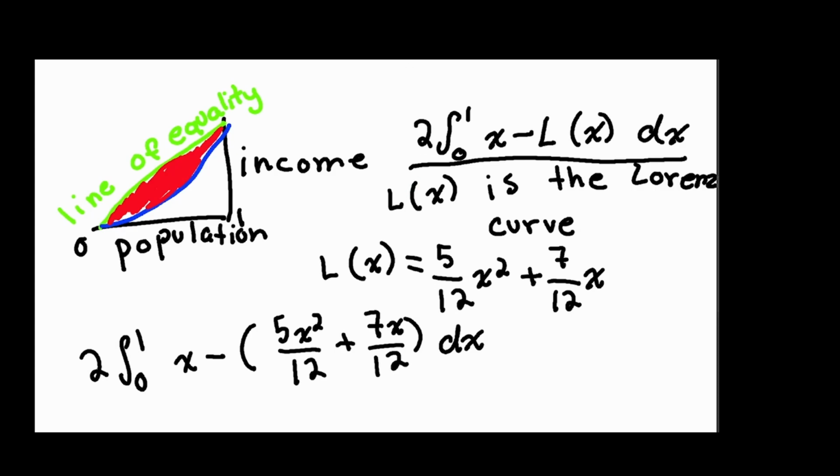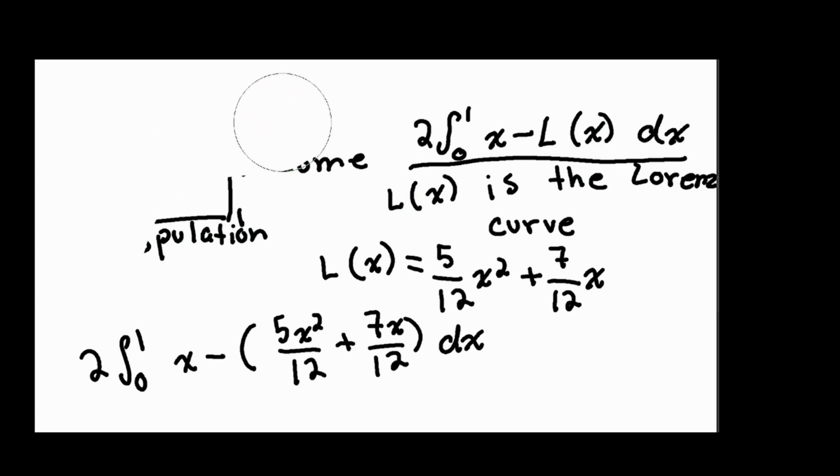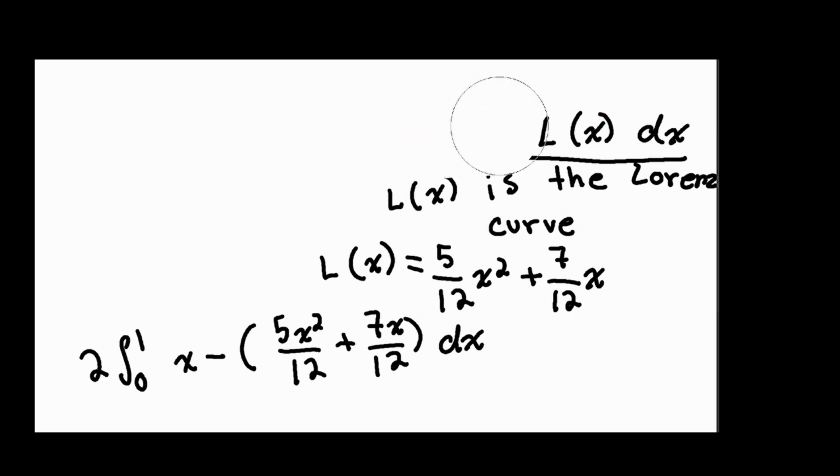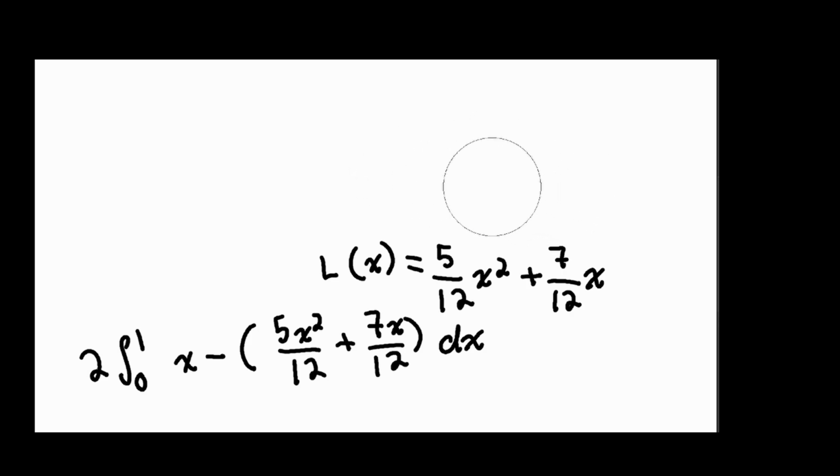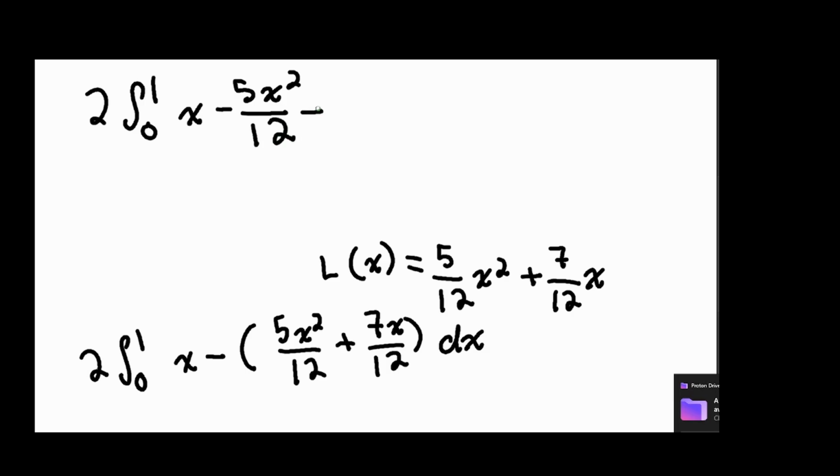So let's get some space here. Let's erase this right here. So 2 times the integral from 0 to 1, x minus 5x squared over 12 plus 7x over 12, excuse me, that's a minus.